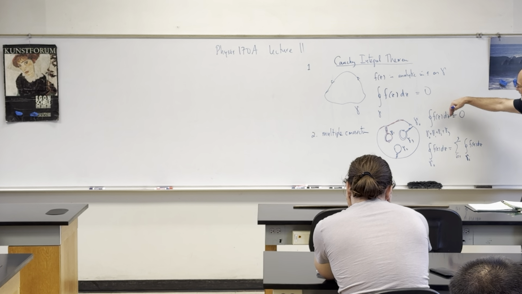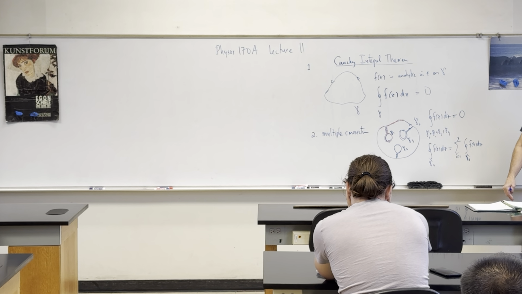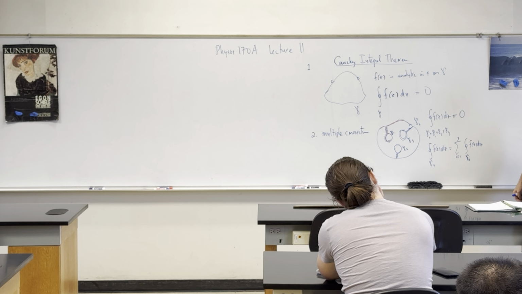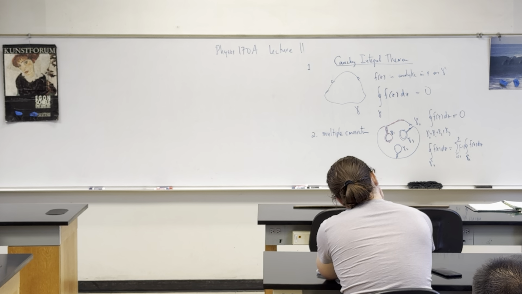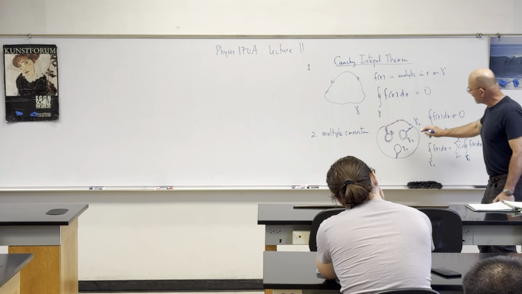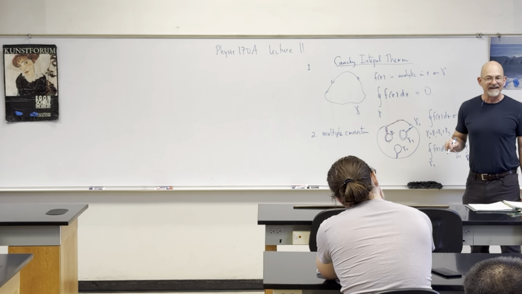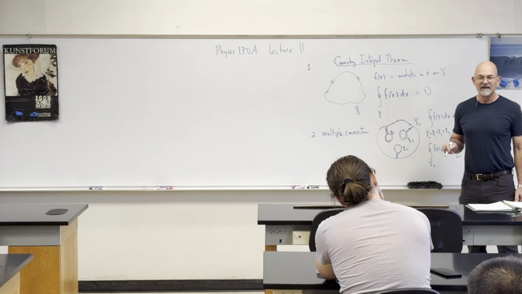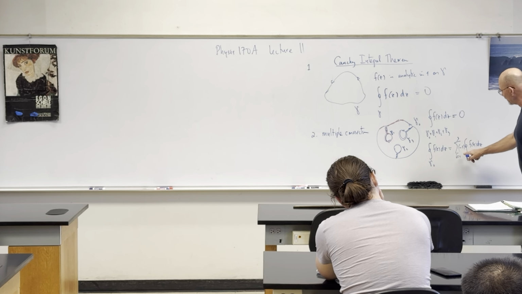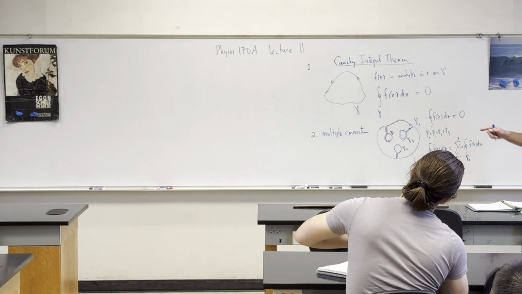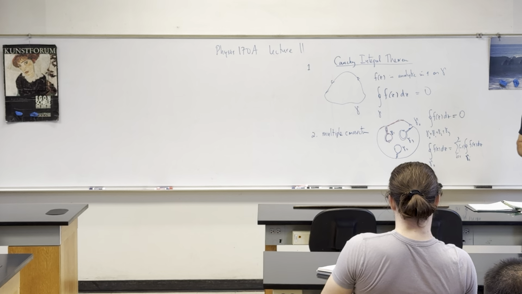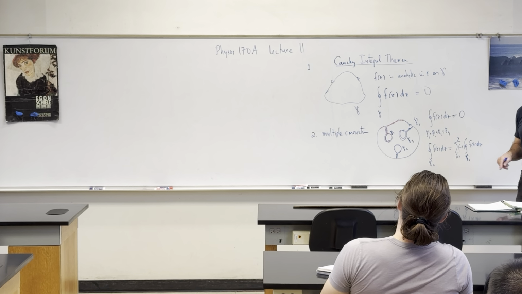But if I brought those to the other side, I would have had to have a minus sign in front of them. Okay? So I have a negative 1 on all of those. But these have clockwise orientation, right? So what I can do is absorb the minus 1 into here and turn it from a counterclockwise orientation into a clockwise orientation.